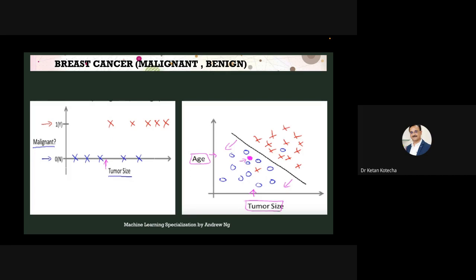And here also, underfitting or overfitting will happen if your line is not smooth. You can draw a line here as well, a curve rather, where on one side it's only crosses and the second side is only circles. It is always possible to draw, but it will be too much of a stringent line, and that is as good as memorizing all the points. Ideally, a machine learning algorithm should give a smooth line like this, and some of the points will be misclassified.